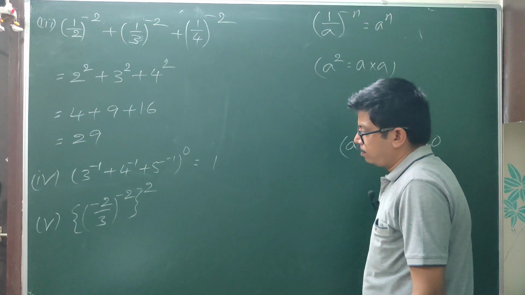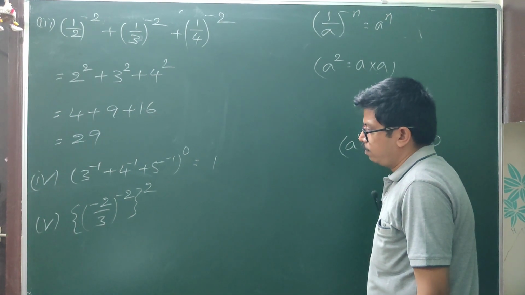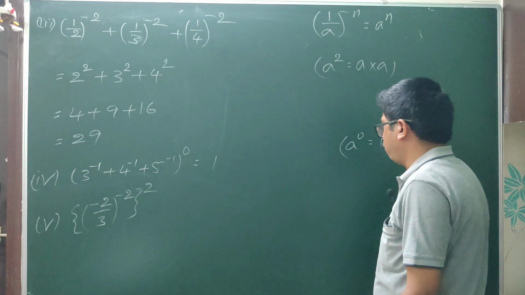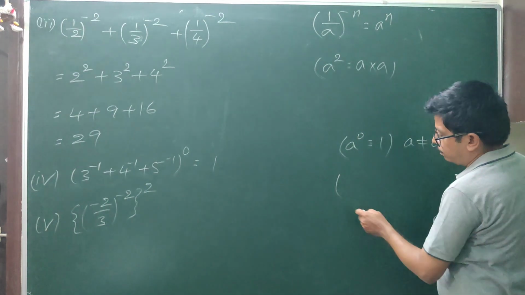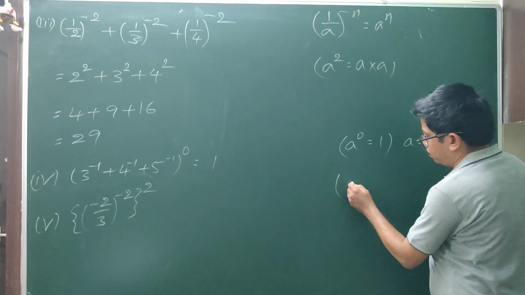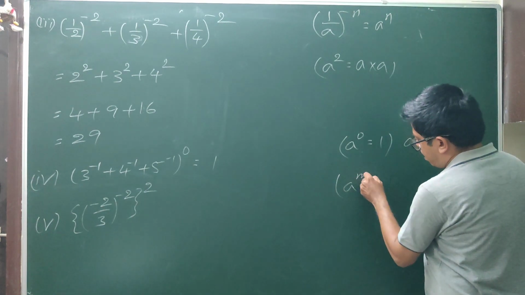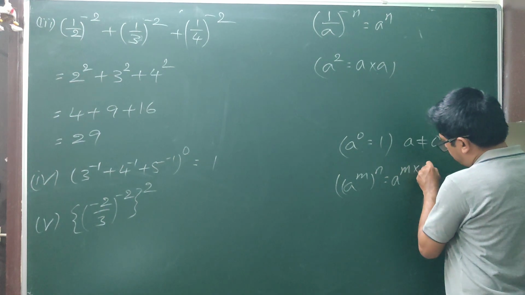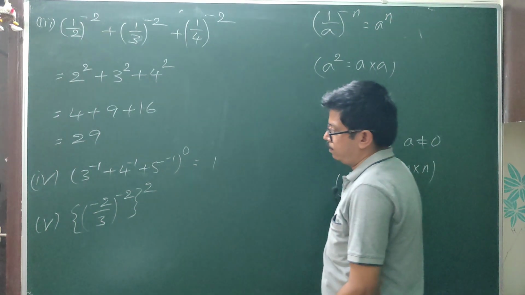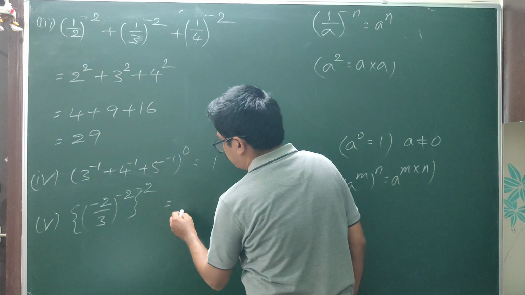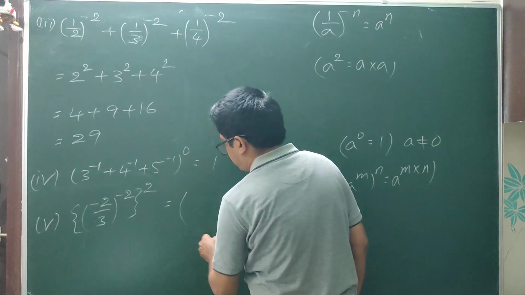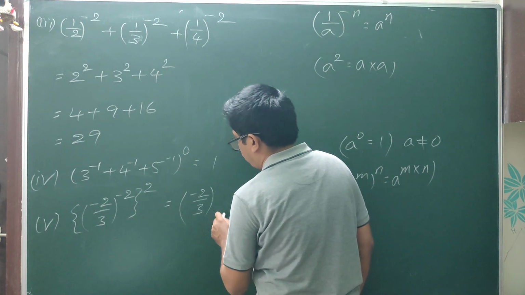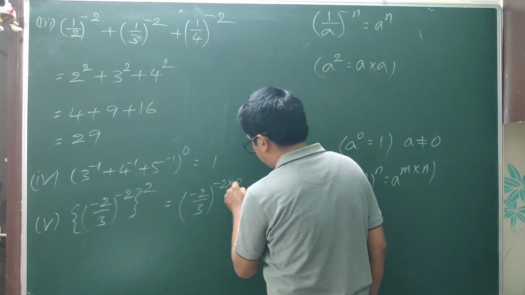So here you just remember the formula again: a power m whole power n equal to a power m into n. Equal to minus 2 by 3 whole power minus 2 into 2.